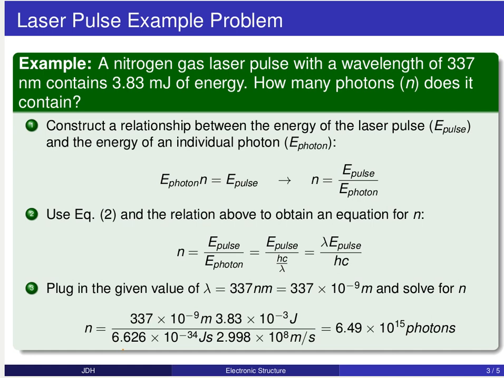The value for Planck's constant h is 6.626 times 10 to the minus 34 joule seconds. The wavelength of the photon coming out of our laser is 337 times 10 to the minus 9 meters.